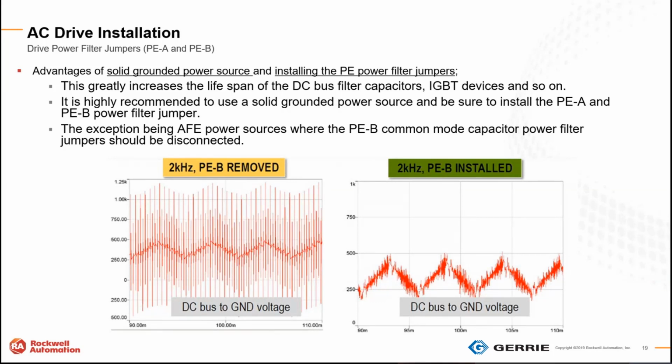This won't cause failure immediately, but it puts undue stress on the capacitors in the DC bus. So we power the drive up, pull it out of the box, put it in. We remove the jumper by accident, not supposed to do that, so it's improper. Power it up, and over time that drive will fail.